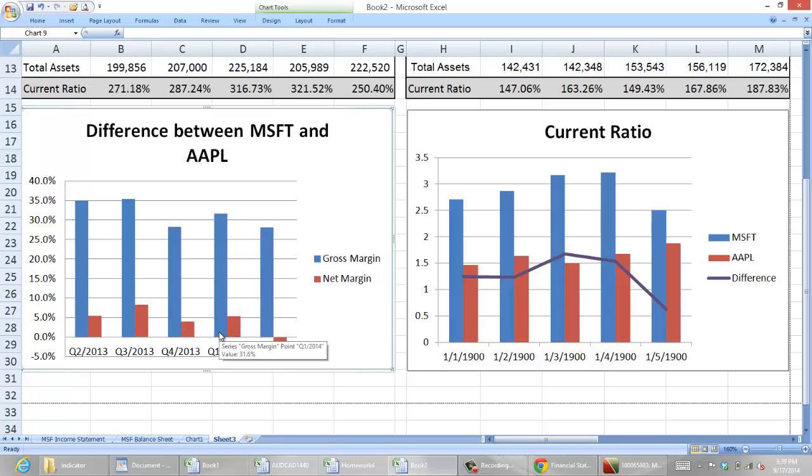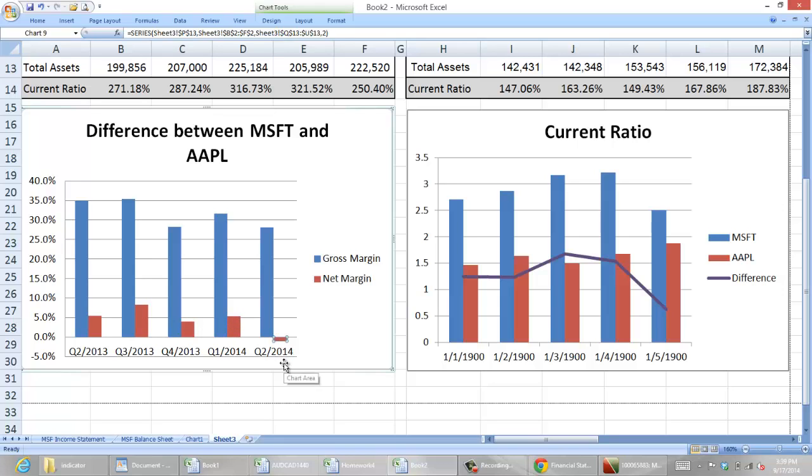So you can see that, consistent with what we just observed in the net profit margin, the difference here, the red bar, shows that over the 4 quarters, up to quarter 1 of 2014, Microsoft did a better job than Apple in terms of net profit margin. The difference is positive, right? A positive 5%, 7 or 8% here and there.